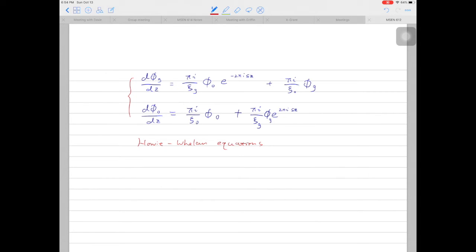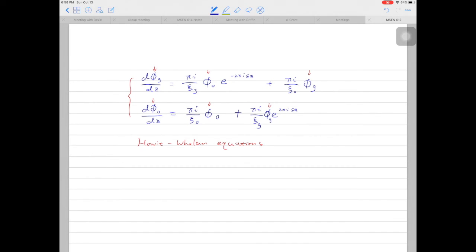There is something worth pointing out in the Howie-Whelan equations. If you look at the change of the magnitude in phi g, it depends on the magnitude of phi naught and phi g. The same thing down here: if you look at the magnitude change of phi naught, it also depends on phi naught and phi g.